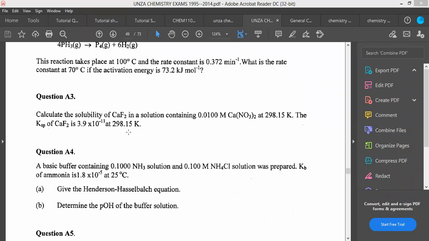Now here there's even no need for the assumption because calcium fluoride does not appear in your Ksp equation. So you're just working with these here. When you do your multiplication, you're going to have 4x raised to the power 3 equals this value here.